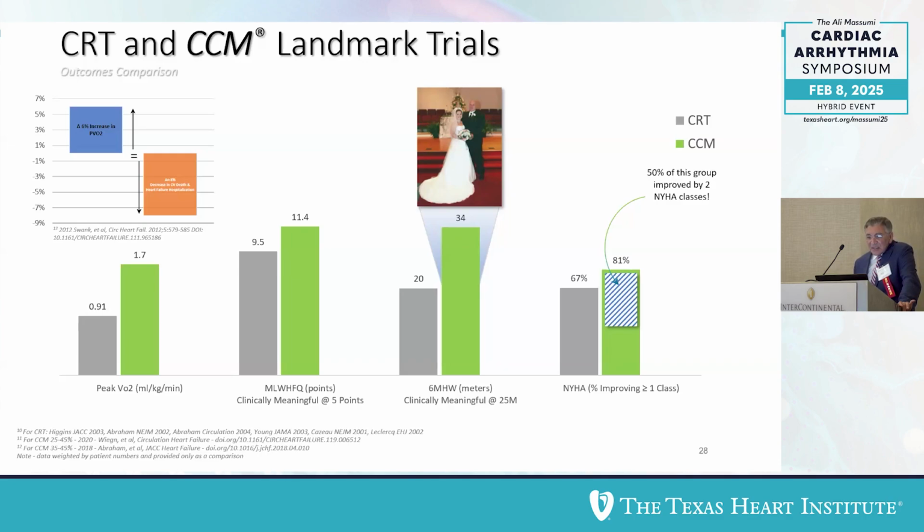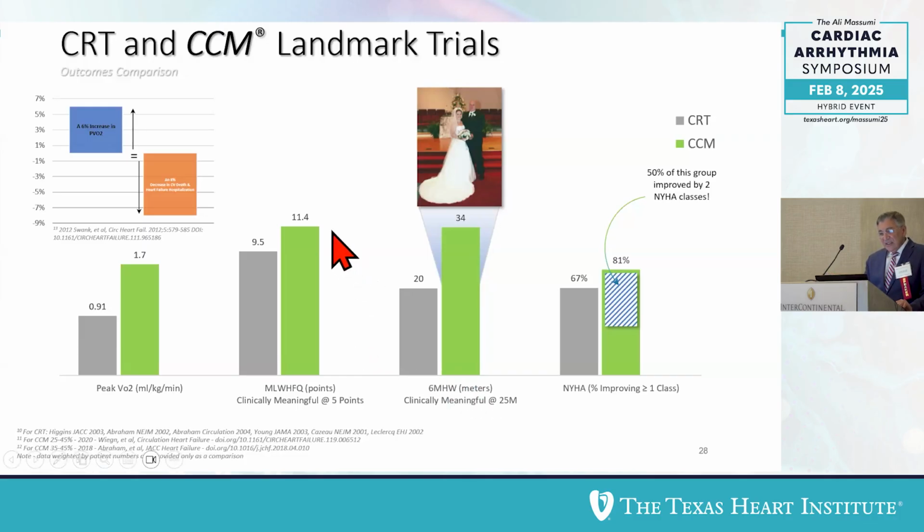Look, the CCM is the green bar and the other one is the gray bar. So it is very reasonable comparing peak VO2 in ml per kg per minute, even with a 1.7 increase. Then we have quality of life. To be meaningful, we want a 5 point improvement.